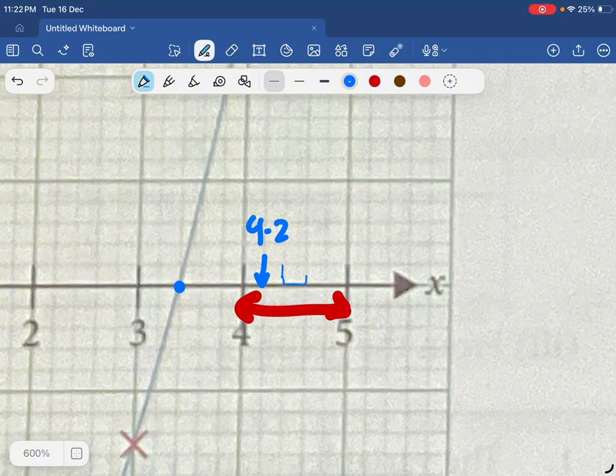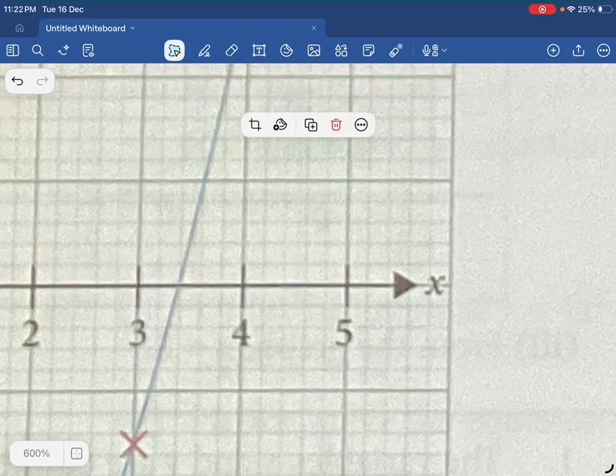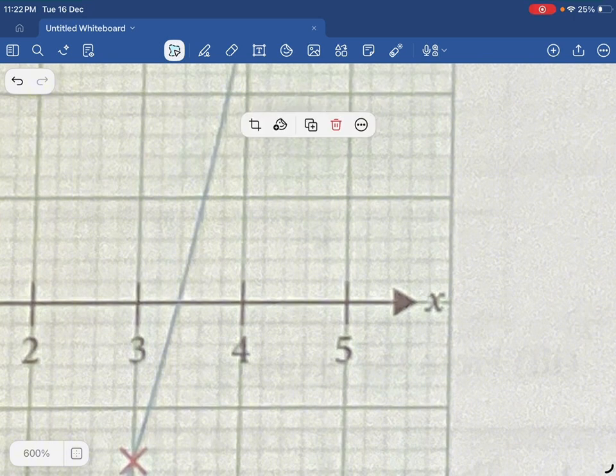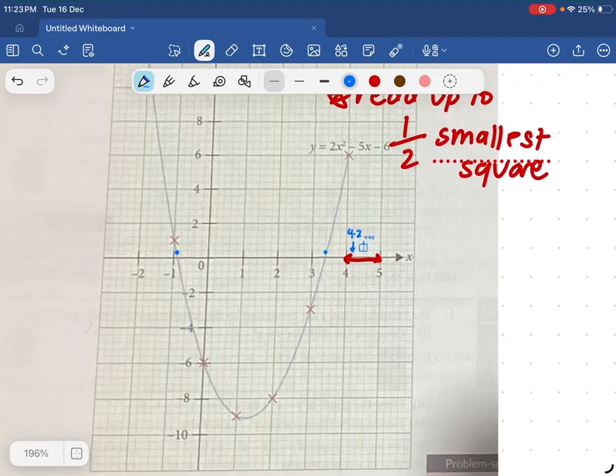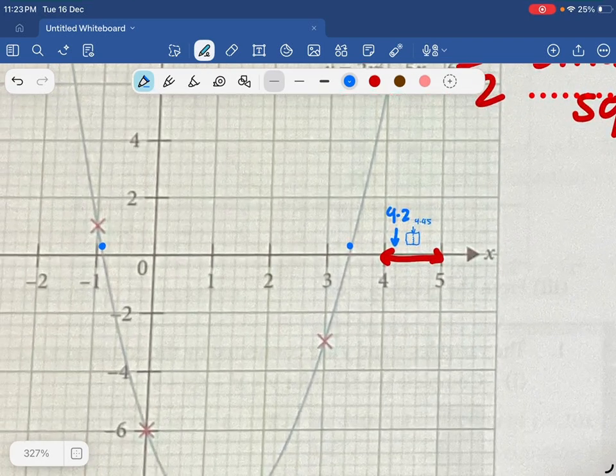So you see this box right here, we can read half of it. Remember, you can read up to the smallest square.